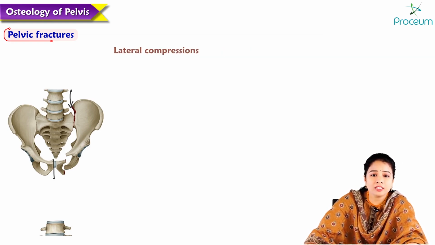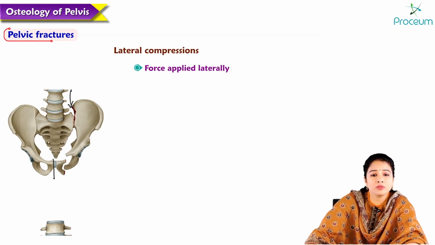The next variety is the lateral compression. The force is applied laterally, resulting in inward rotation of the pelvis. The sacroiliac region and pubic rami are most susceptible to fractures in these injuries.